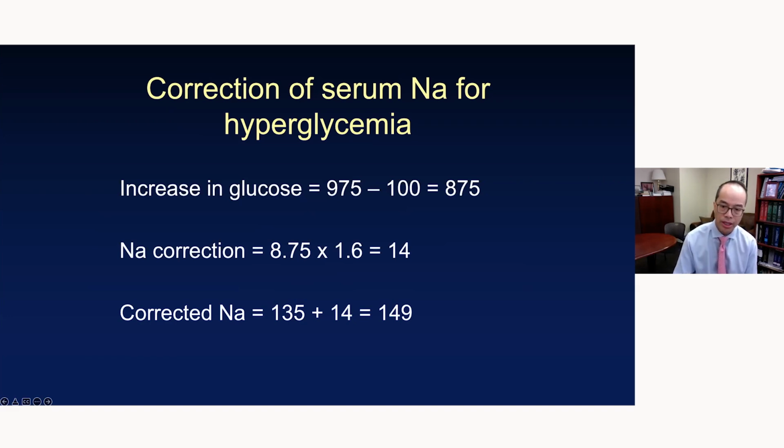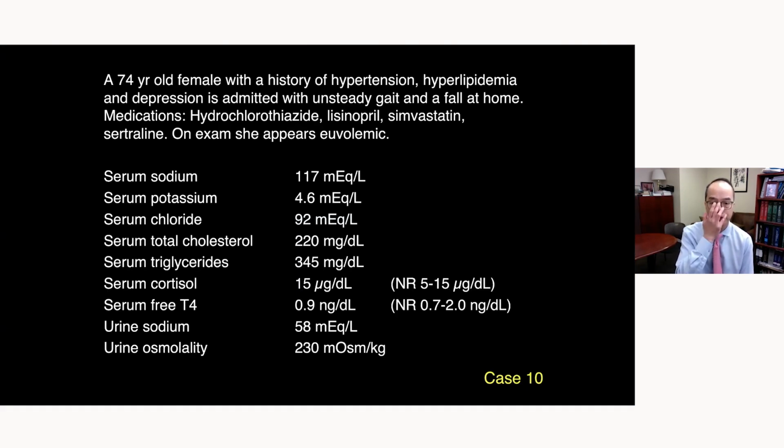So prolonged hyperglycemia and glycosuria generally causes hypernatremia, but this is disguised by the hyponatremia that's caused by the high glucose. And that's why hypotonic fluids are needed in this patient.